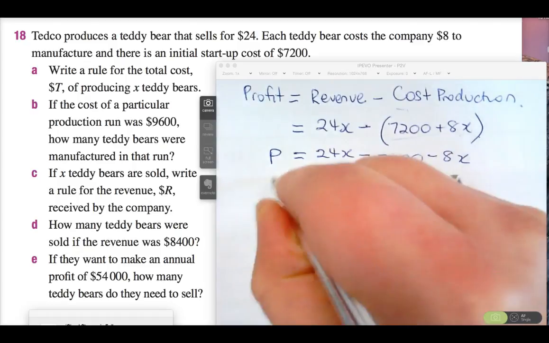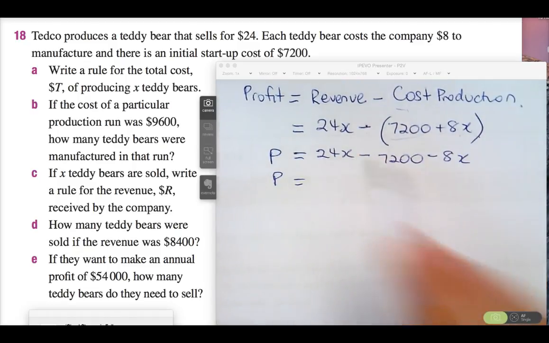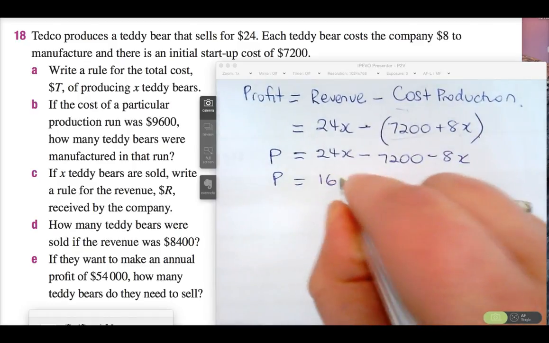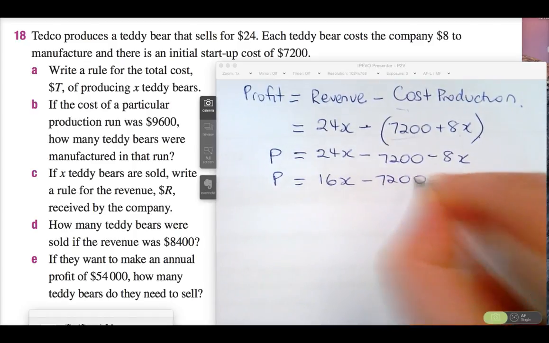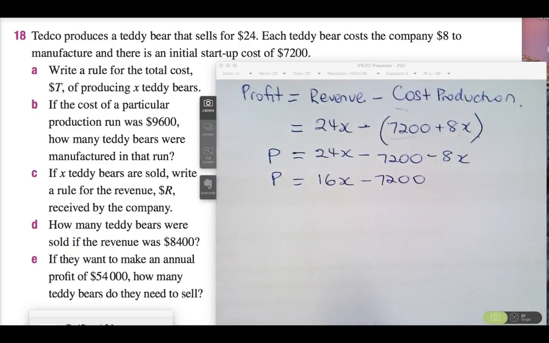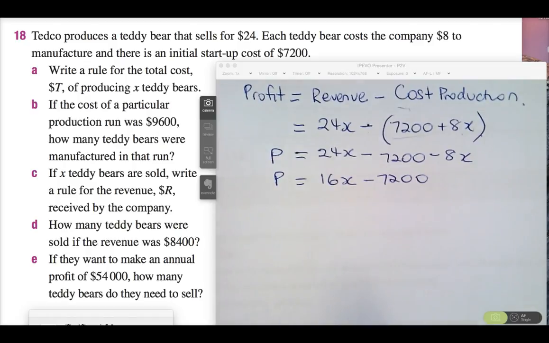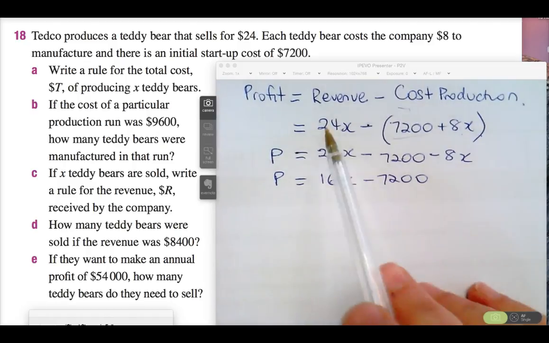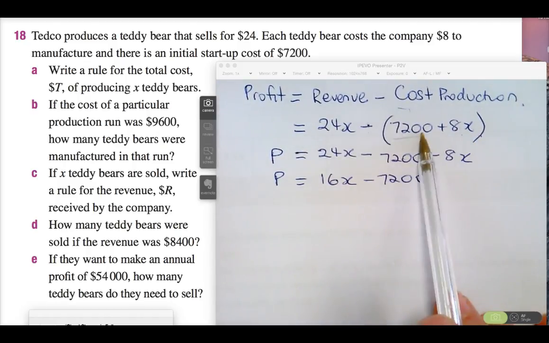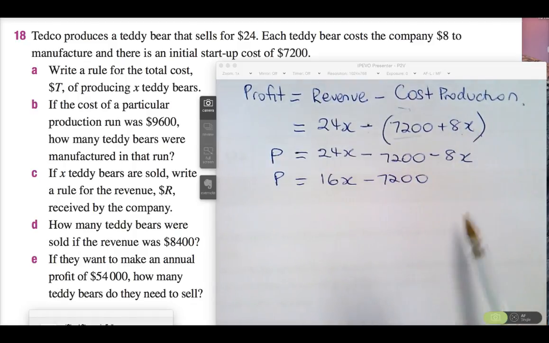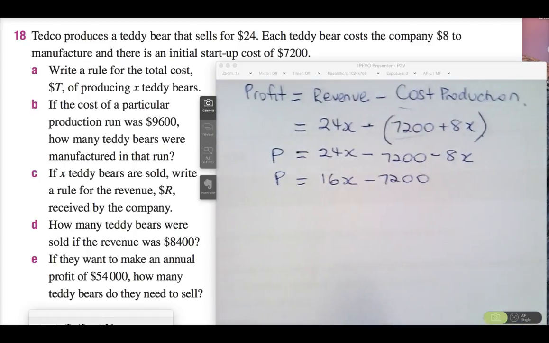So profit is, what have we got? 24x minus 8x is 16x minus 7,200. Now I can answer the question. Girls, that bracket is really important because I'm taking away something that consists of two terms, not one term. So 24x, take away 7,200, take away 8x.